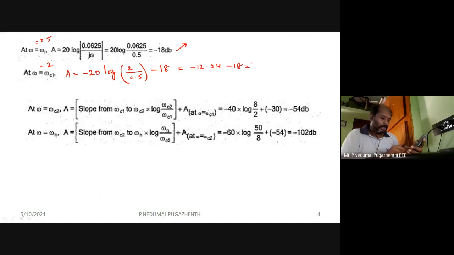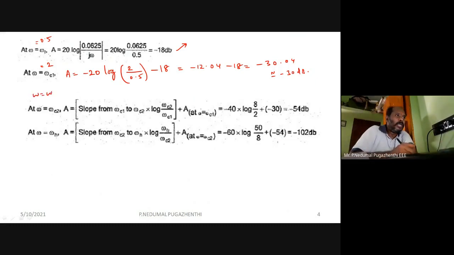So if you add that, you will get minus 30.04. I will round it off to minus 30 decibels. Then I will take the next omega, omega C2, which is equal to 8 radians per second. So I will get minus 40 from the table, log of the present omega value 8 over the previous omega value 2, and the previous magnitude is minus 30, so minus 54 decibels.